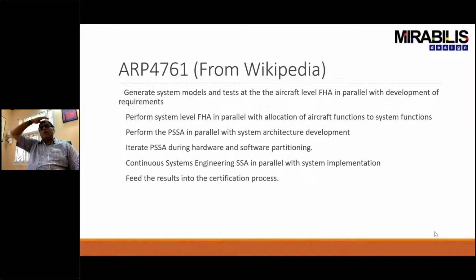Now, there's a concept called ARP 4761, which is different from the DO254 or the DO178B. It's really all encompassing. And what it says is that when you generate the models at the system level and also test at the system level, which is, think about it as a whole aircraft or whole car, in parallel, you want to also work on the requirements.